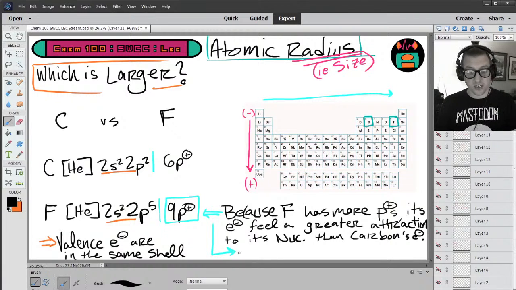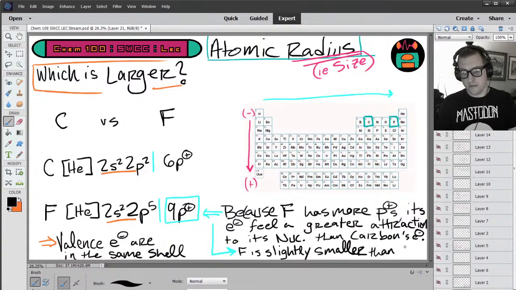It's greater proton count. Its greater proton count means that it is slightly smaller than carbon.